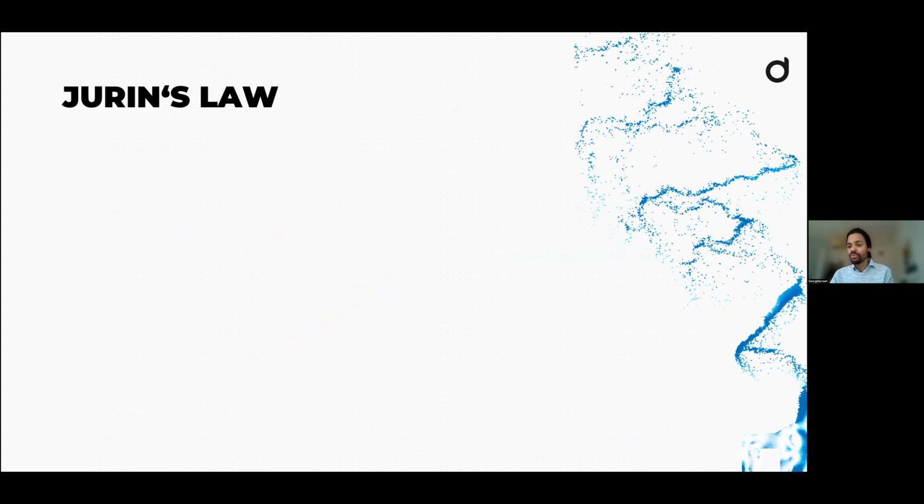Of course, we do also more quantitative validations. So one very simple one is Jurin's law. Jurin's law is basically telling you the filling height in a very narrow capillary. So all of you know that due to surface tension in the narrow capillary, you see a rise of the fluid.